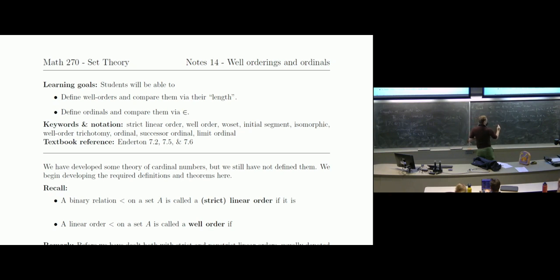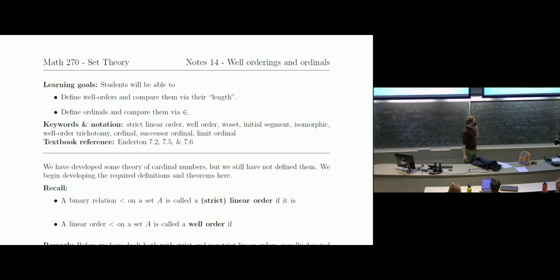So it's whenever we have a non-empty subset B of our field, there is a less than minimum element of B. That B is not very good.